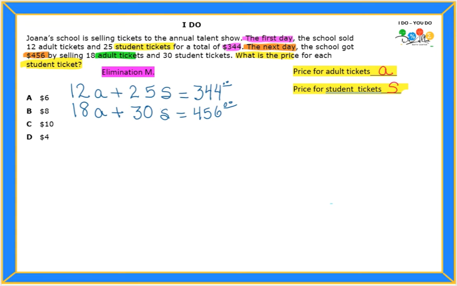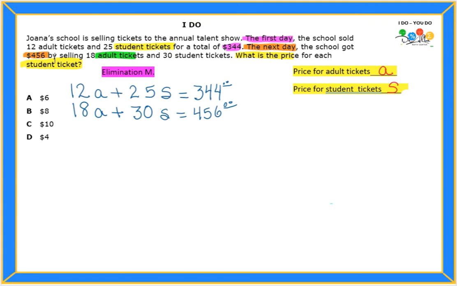If you're wondering what's going to happen using the elimination method, basically I'm going to try to eliminate or cancel one of the two variables. Since I'm looking for the student tickets, I'm going to eliminate that A. In that way, my problem can be a lot shorter than if I eliminate the S. You'll see what I mean in a minute.